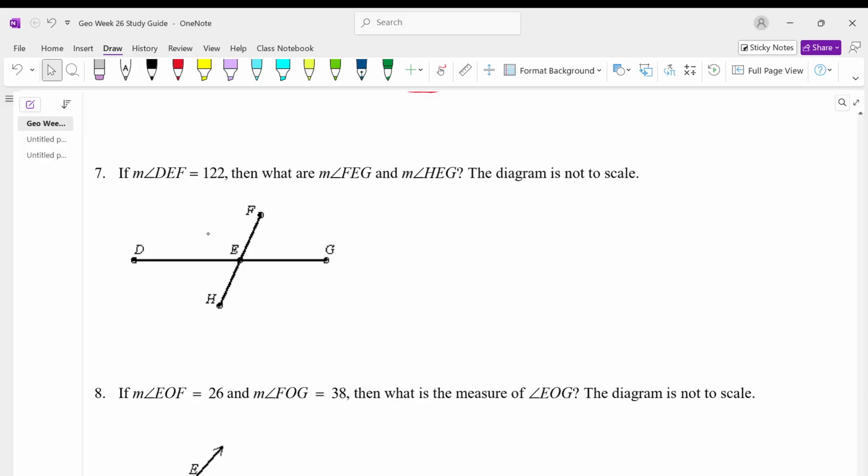And then in this angle here, DEF, we're going to put a 122 degrees. We need FEG and HEG.